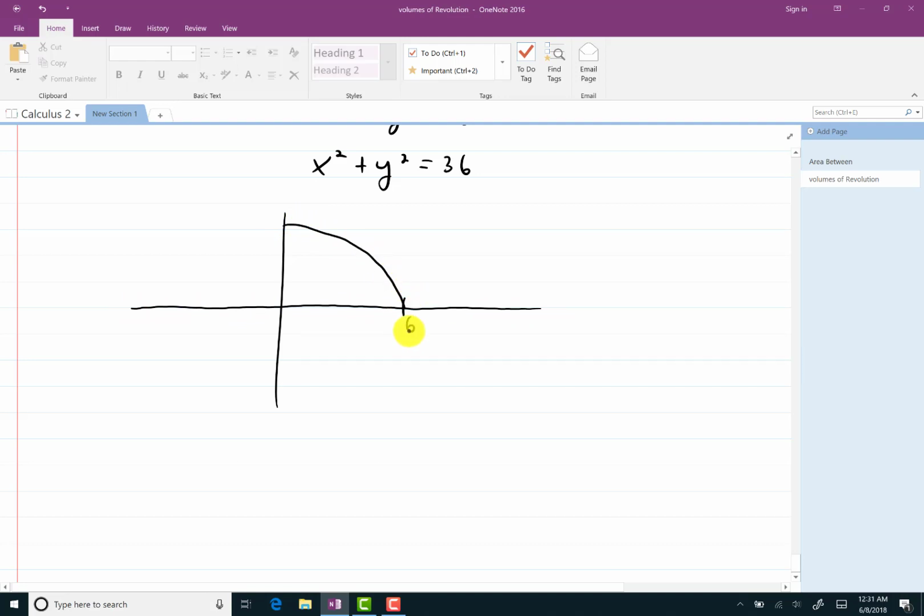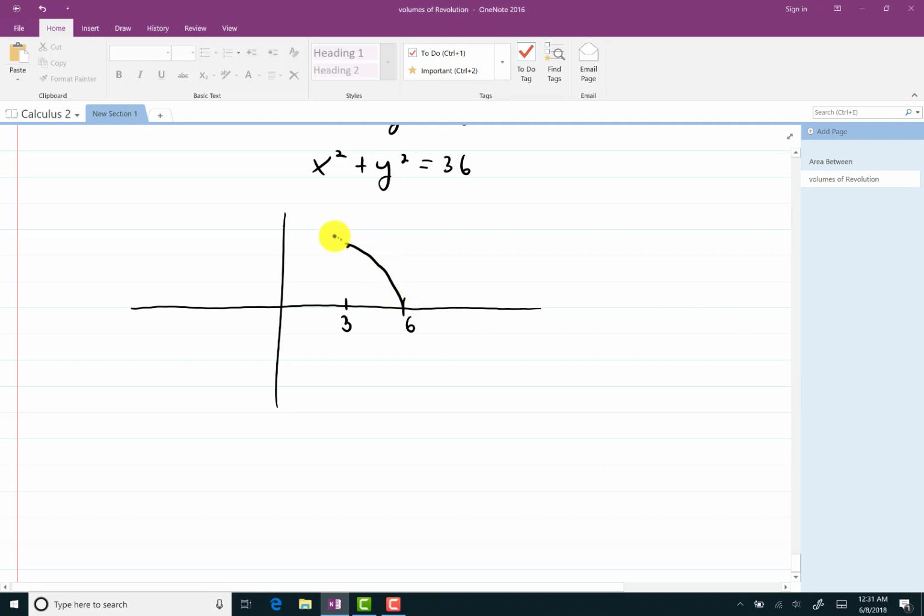When I talk about a volume of revolution, I'm going to be revolving something around, in this case the y-axis. But I don't want to revolve this thing around the y-axis because it doesn't have the top chopped off of it. So I need to work that into the problem somehow. But really, what we have going on here is from 3 to 6, this is what's left over.